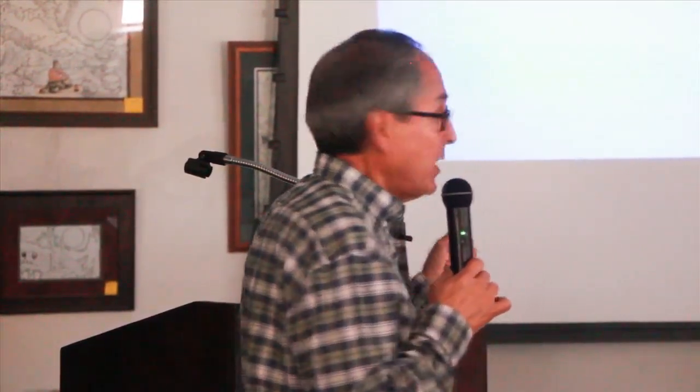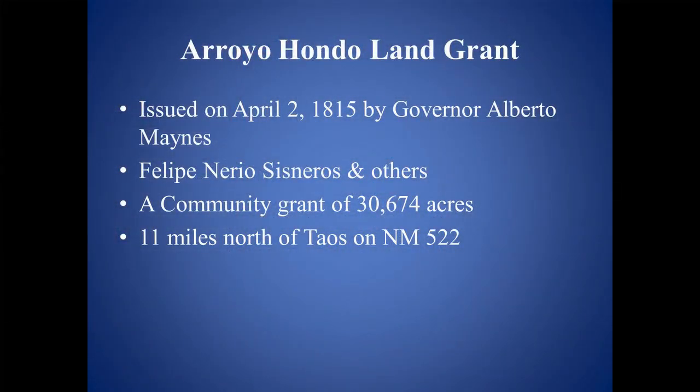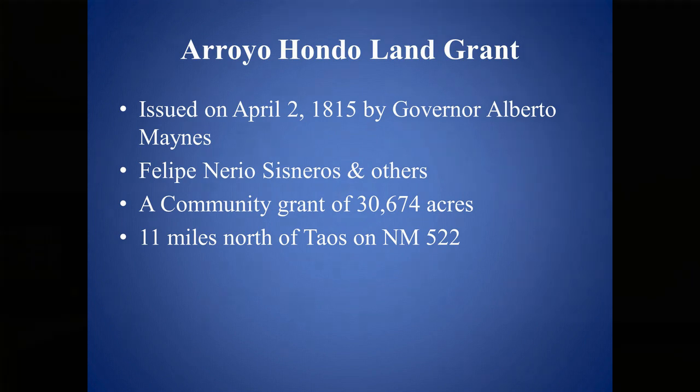Okay, it was issued in 1815. The grantee was Felipe Nerio Cisneros. And this is one of the reasons that I got interested in this. And the other one I have to give credit to, where is George? Right there. George, as you know, one of his ancestors is Charles Otterby. When I read George's book, was it last year or the year before?